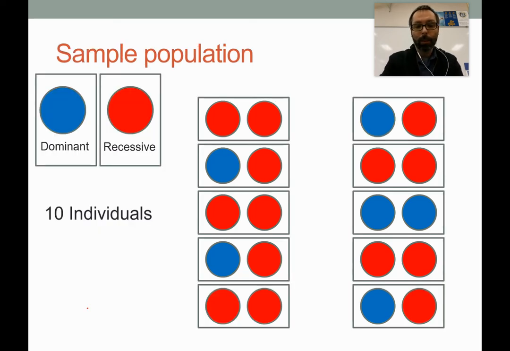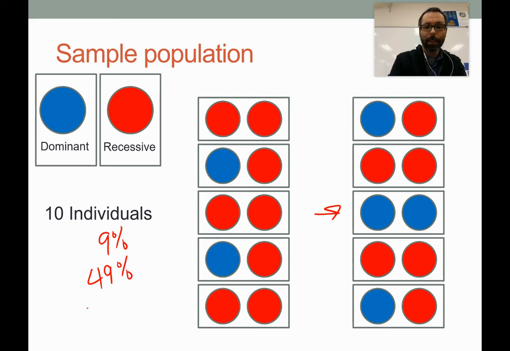Now, when we come back to our population that I started with, 9% of them should be homozygous dominant. Well, 1 out of the 10, right? 10% of the ones that I created are homozygous dominant. Homozygous recessive was 49%, and there are 1, 2, 3, 4, 5 of those, 50%, compared to 49% that was predicted.